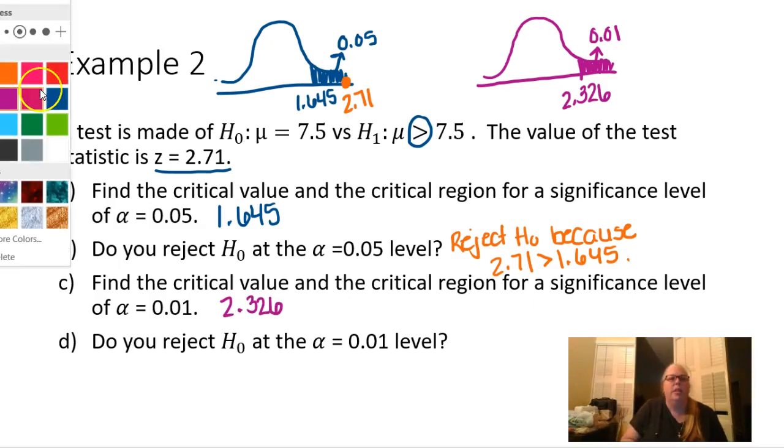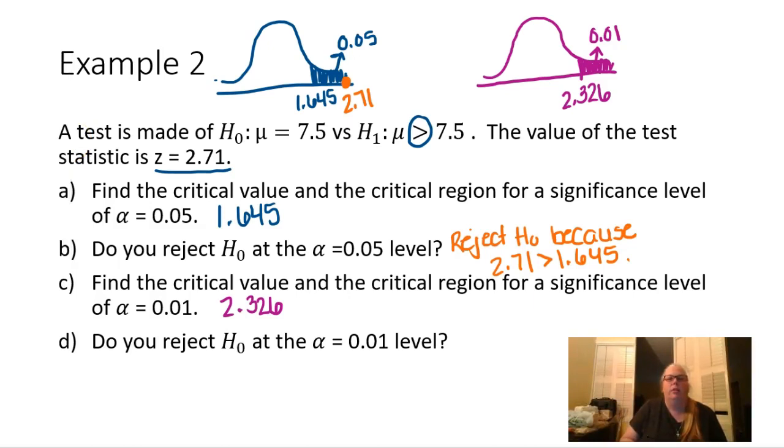And then for part D, are we going to reject the null hypothesis or not? Well, let's see. Where is 2.71? Is it going to be back here in the white unshaded region because it's less than 2.326? Or will it be over here in the purple shaded region because it's greater than 2.326?